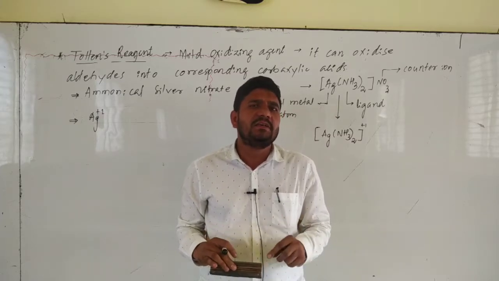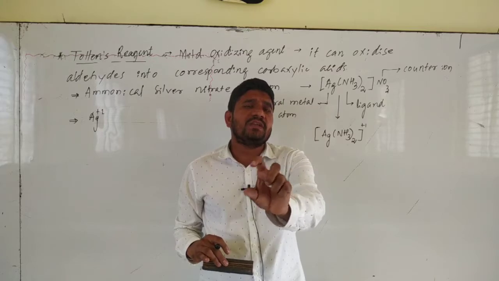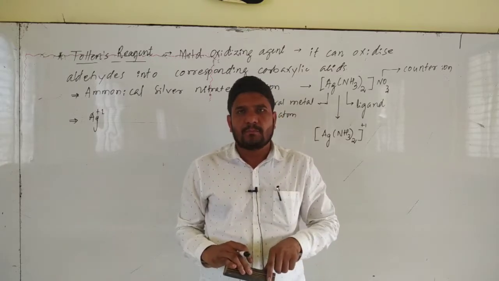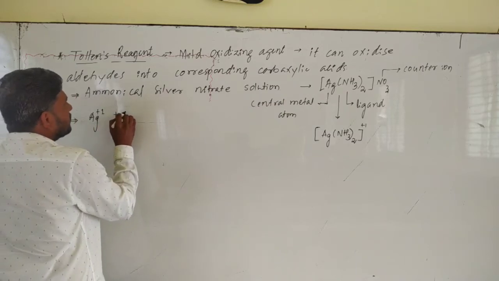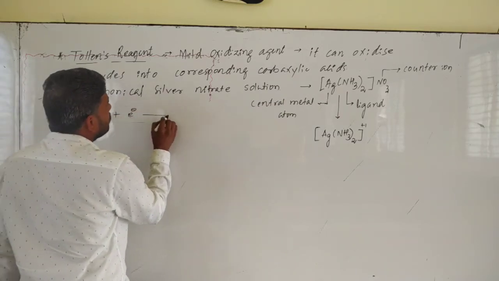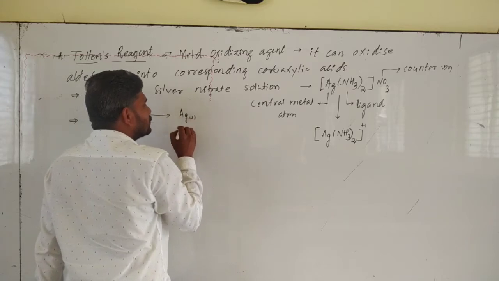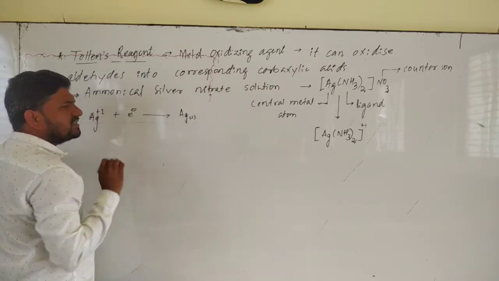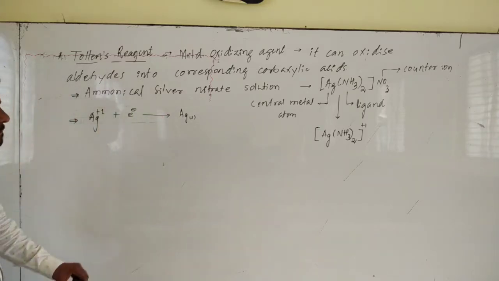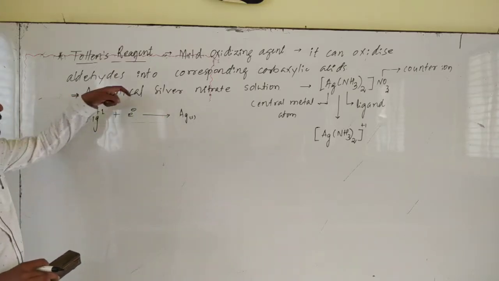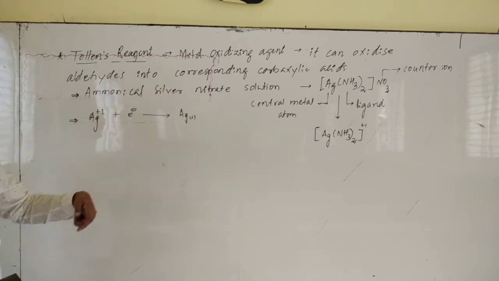That indicates Ag+1 easily becomes silver by gaining 1 electron, to become silver metal, solid. This process is a spontaneous process. It takes place very easily, because Ag+1 tries to become Ag, since Ag is more stable than Ag+1.